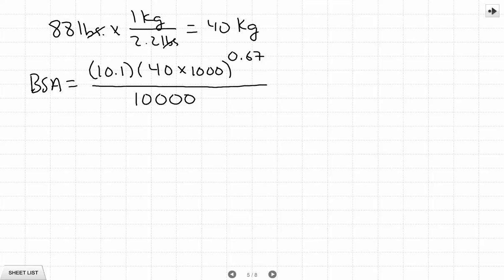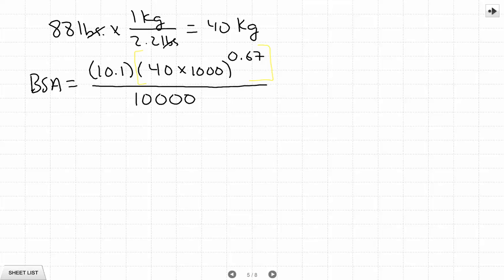So these are my steps. So I'm going to take the number 40, multiply it by 1,000, raise that product to the 0.67 power, then multiply by 10.1. So just keep in mind, this part here is all done first.